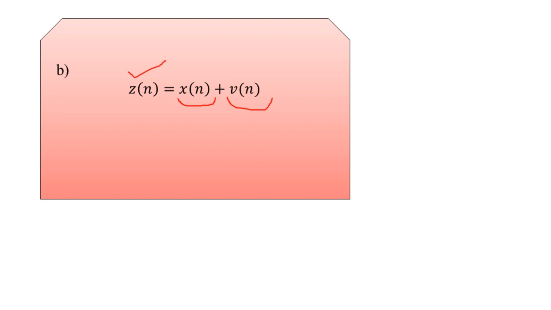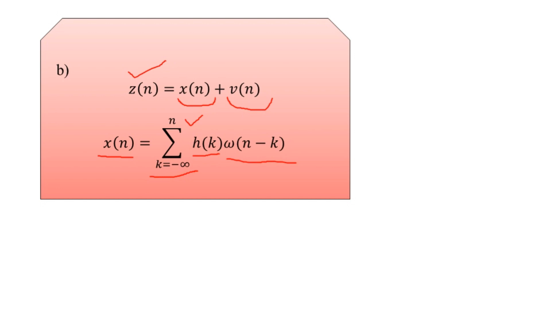Therefore x of n can also be expressed in this mathematical form. So we write here x of n is equal to the summation k equal to minus infinity to n of h of k multiplied by w of n minus k here.